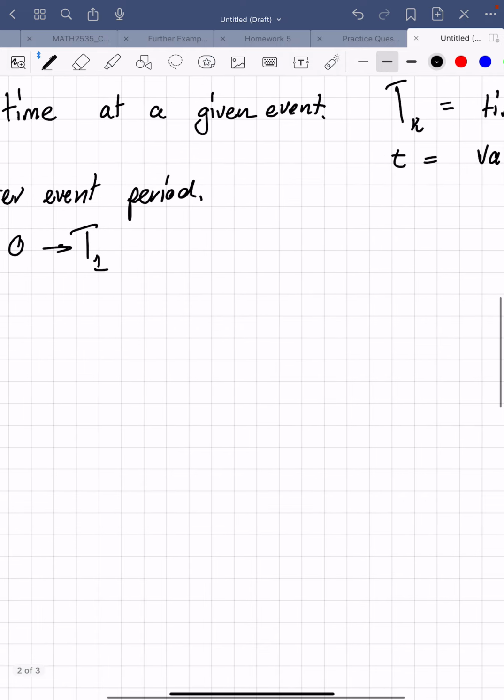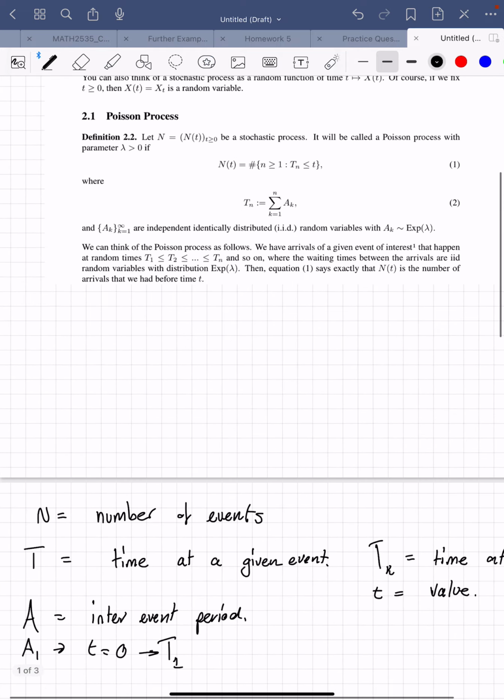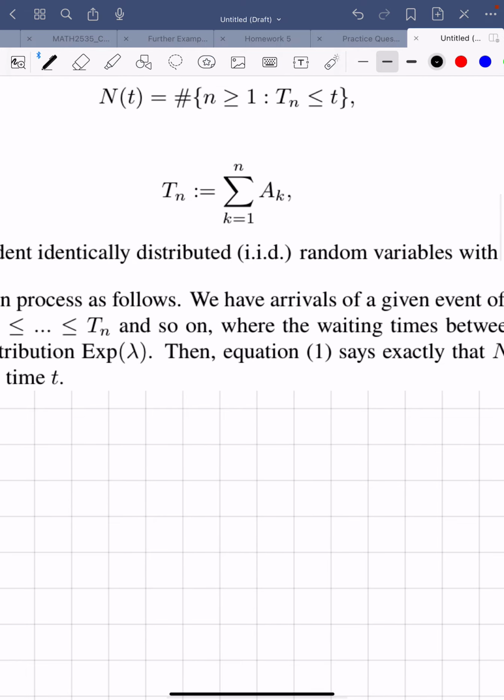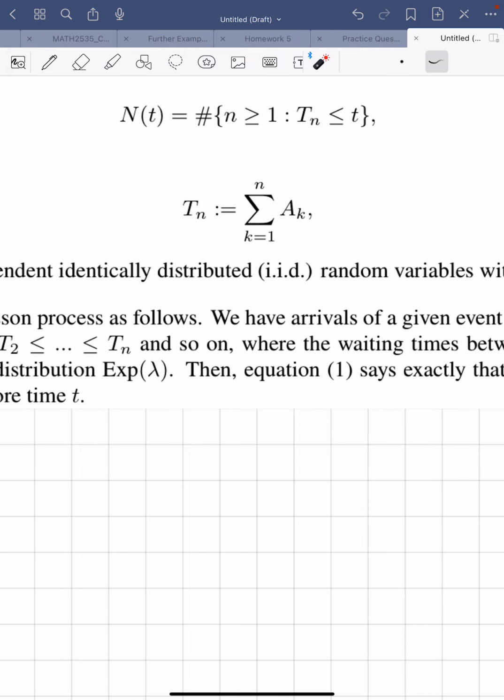So we can show that T_n, the time at event n, is the sum of all inter-event periods: A_1 plus A_2 plus A_3 and so on, all the way up to A_(n-1) and A_n. The sum of that is the time at event n.